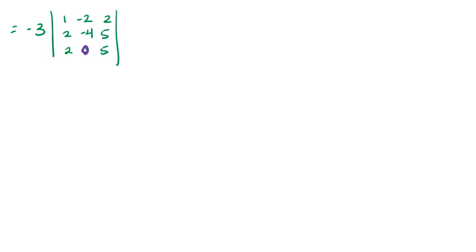It doesn't matter. I'm going to go ahead and try a column now, and I'm going to try the second column. So that means J in this case is equal to 2. I haven't done an example with a column yet, so I thought I'd give it a try. Okay, so if I want to find the determinant of this, I'm going to have -3 times.